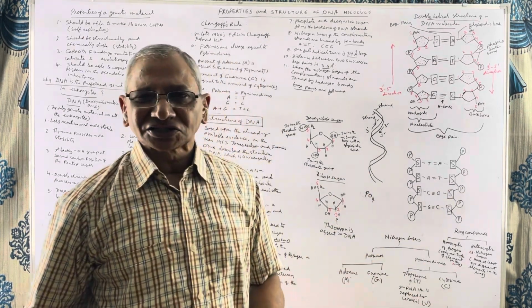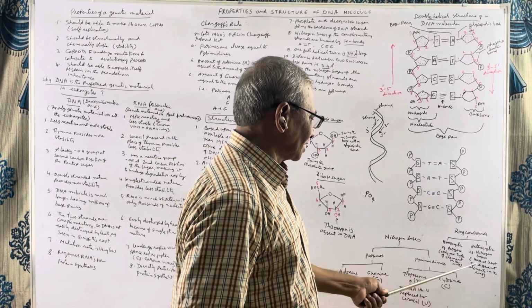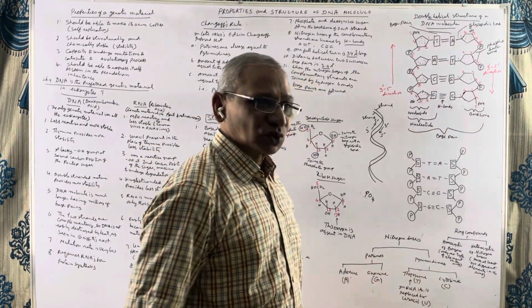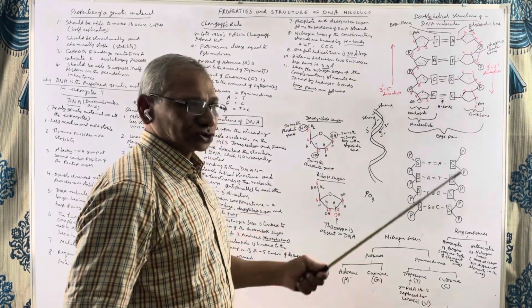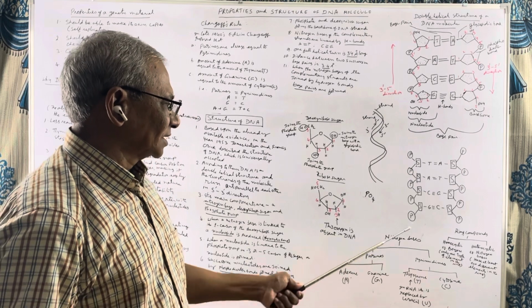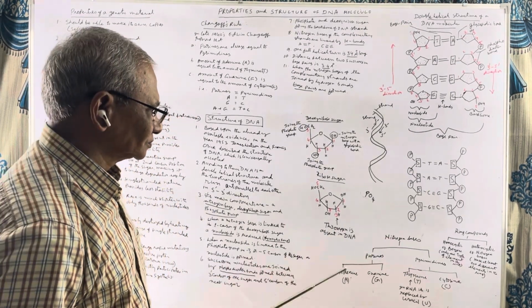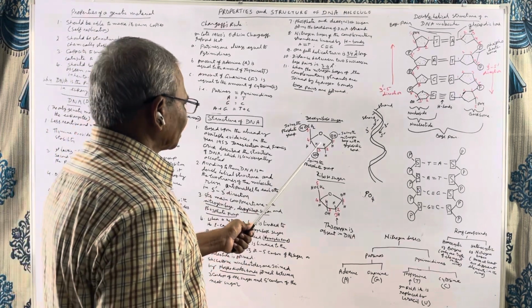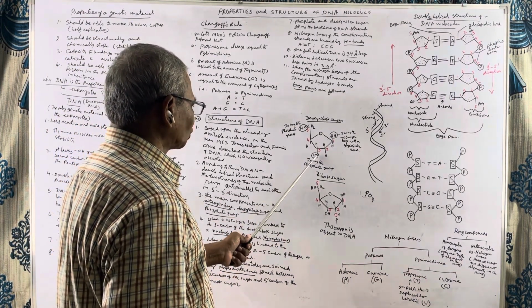Because the ring structure has 2 or more, here only 2 elements, it is known as heterocyclic ring. So, deoxyribose sugar is a heterocyclic ring or compound. So this is heterocyclic. At third place there is OH group.